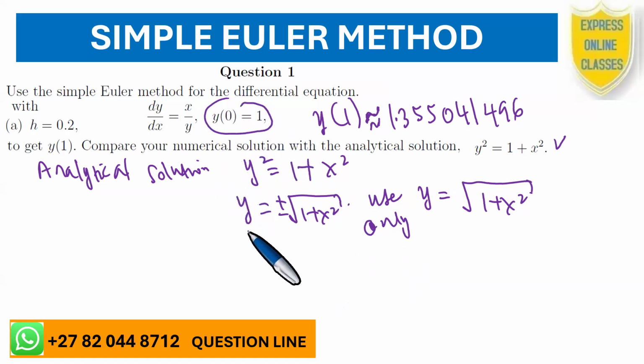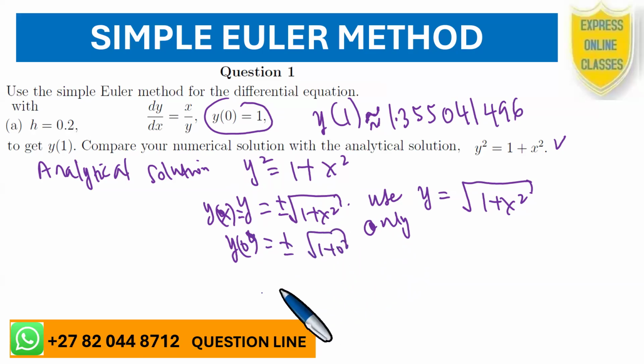Because obviously, this is y at x. So when you're doing y at 0, you'd have the square root of 1 plus 0, which is plus or minus 1.